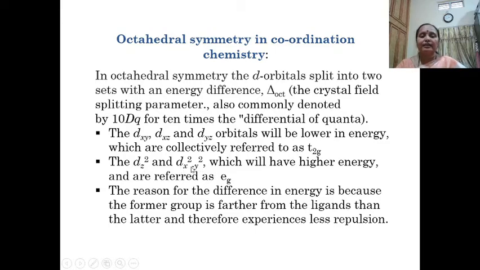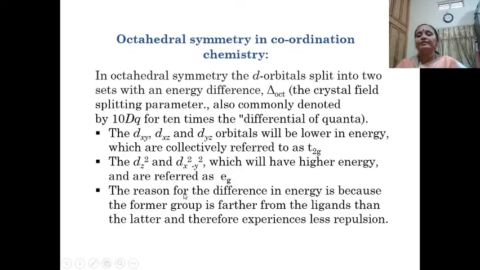dz square and dx square minus y square will have a higher energy, and they are referred to as Eg. So the 2 orbitals dz square and dx square minus y square, which have higher energy, are referred to as Eg, while the 3 orbitals which have lower energy, dxy, dxz and dyz, are referred to as T2g.